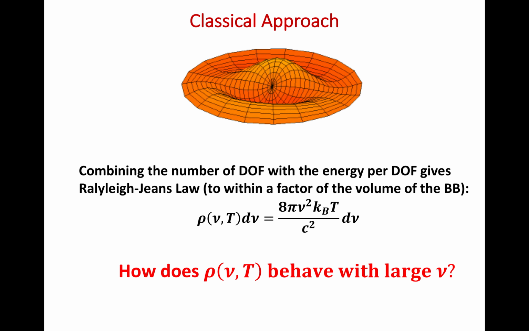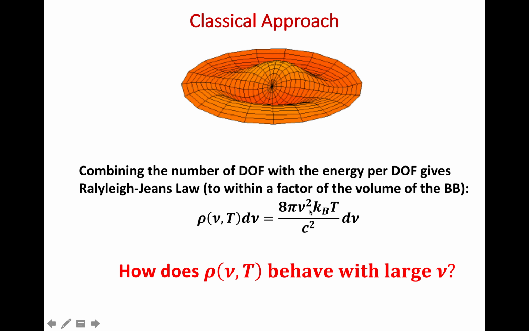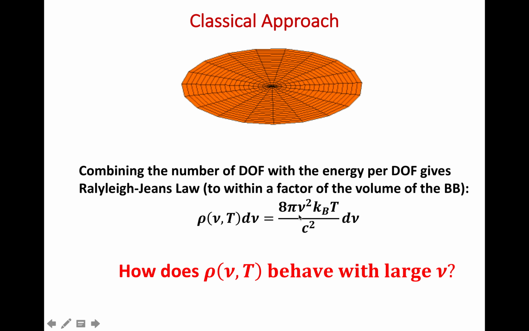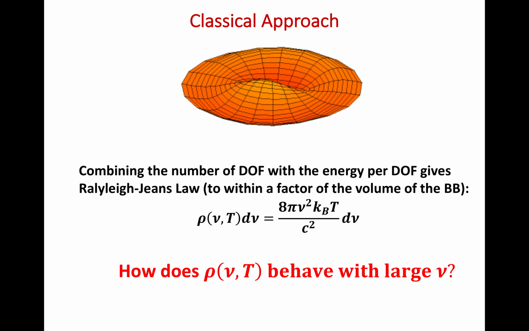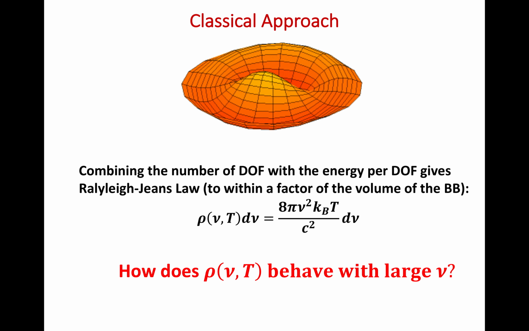And so here's the thing. This is the power per unit area emitted by my object at some temperature, but how does it change with frequency? So if I make nu larger and larger, this thing is going to increase as the square of nu. You can even go into Wolfram Alpha if you want and plot this if you don't see it right away, but this is basically going to diverge at large nu for any finite temperature, right?